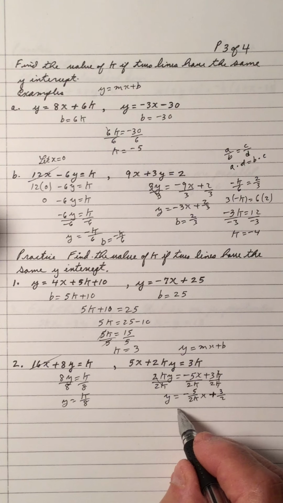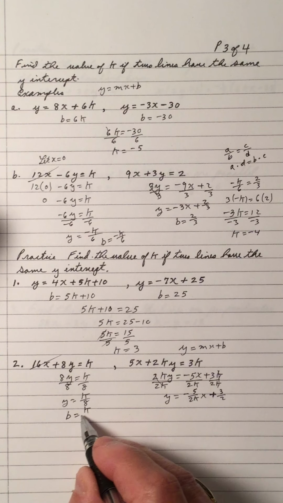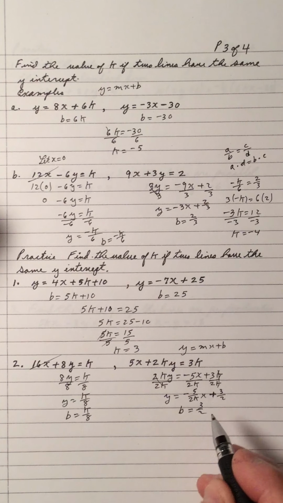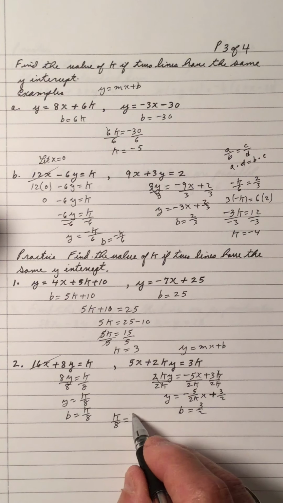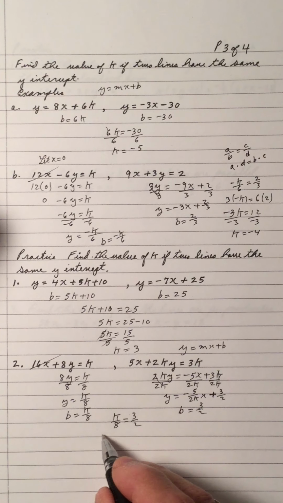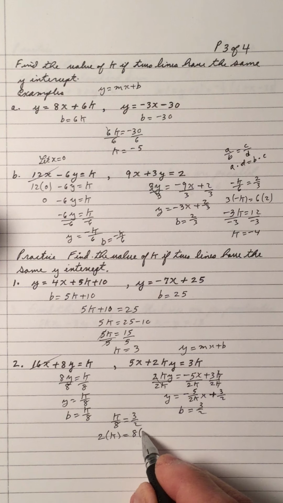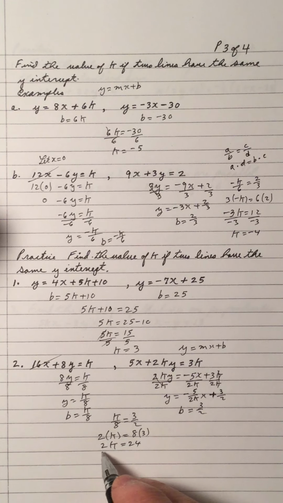So the y-intercept on this one is k over 8. The y-intercept on this line is 3 over 2. They both have the same y-intercept, so k over 8 equals 3 over 2. And again, cross multiply. 2 times k equals 8 times 3. 2k equals 24.